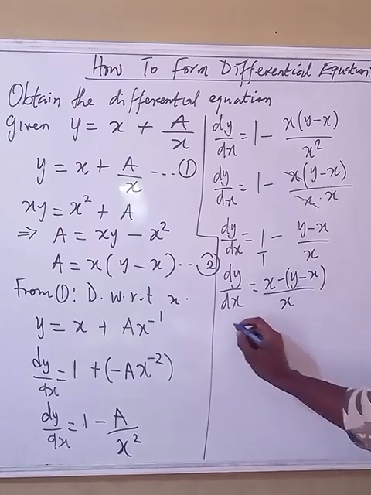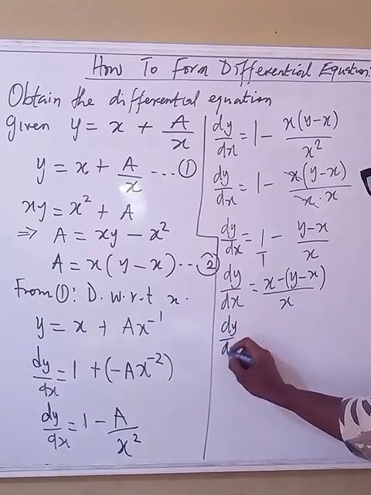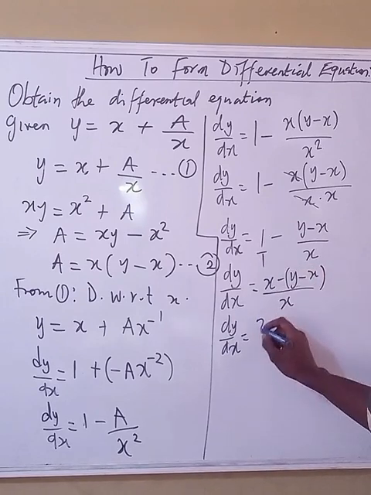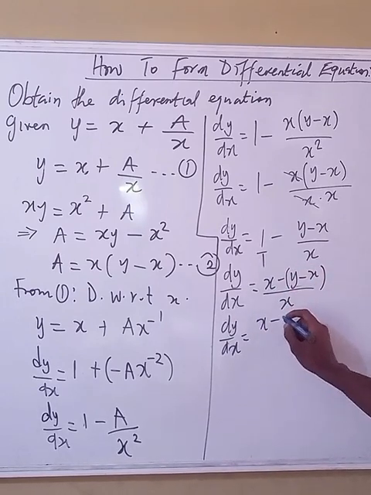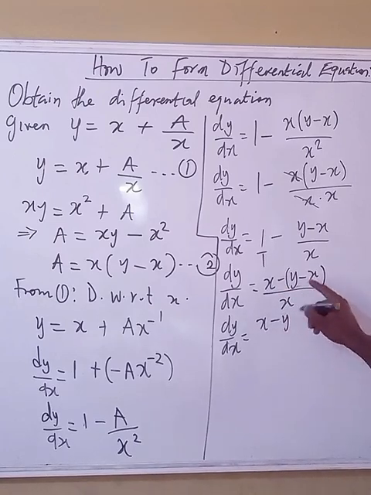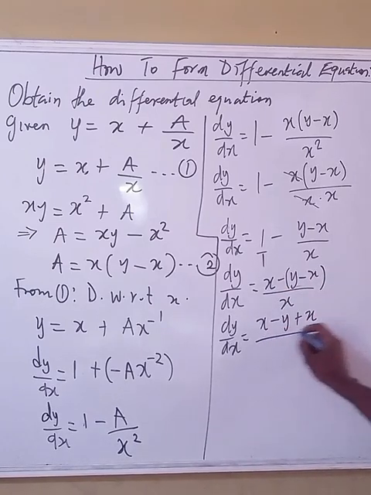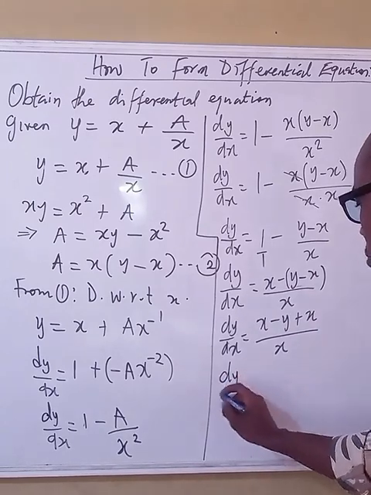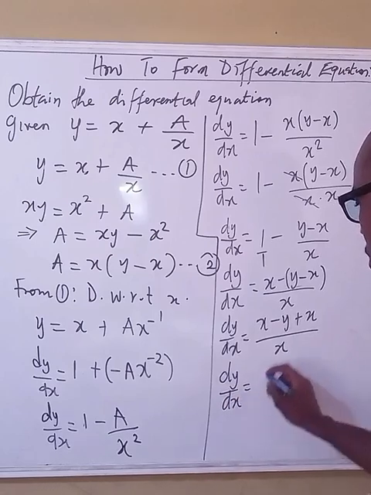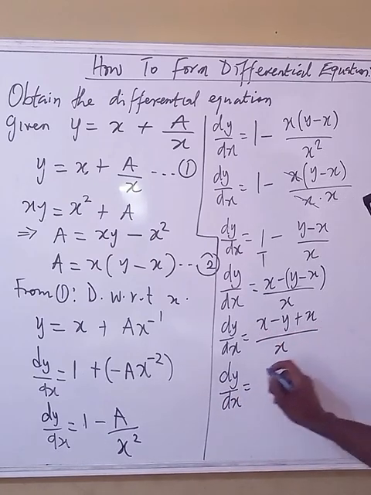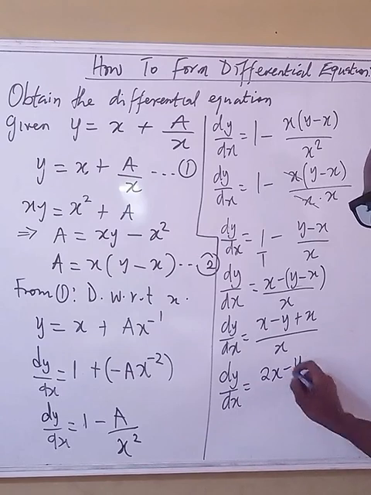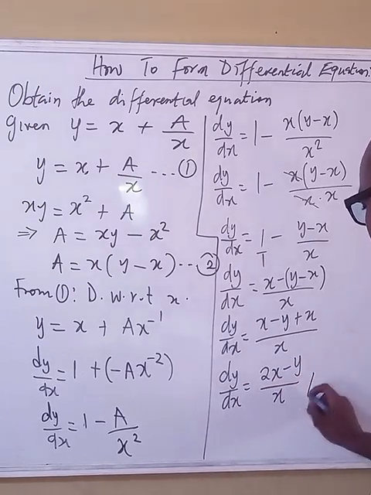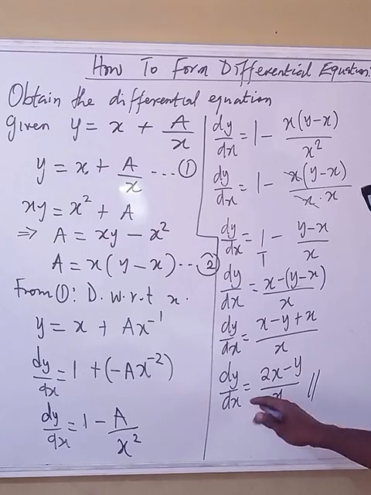So from here we have dy dx equals x, using this to open the bracket, we have minus y, minus minus, we have plus x, all over x. So to round everything up, we're going to have dy dx equals x plus x, we're going to have 2x minus y, all over x.